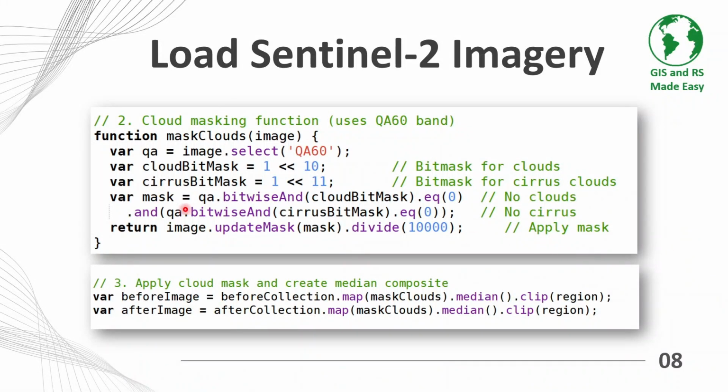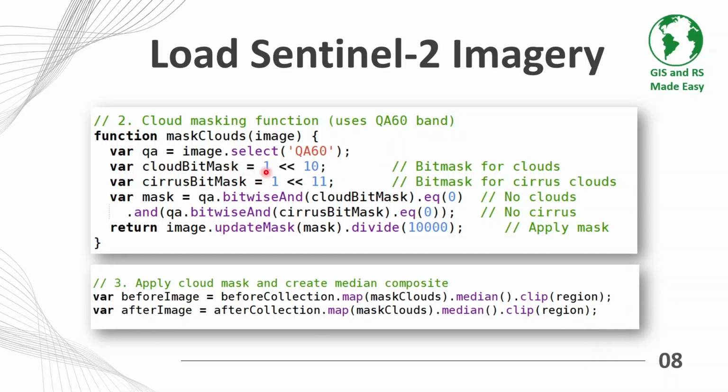This is the algorithm for cloud masking of Sentinel-2 images. Sentinel-2 has a band called QA60, that is the quality assurance band. First we make a variable called QA and select the quality assurance band, and then make two variables for bit mask. First one is cloud bit mask and second one is cirrus bit mask.